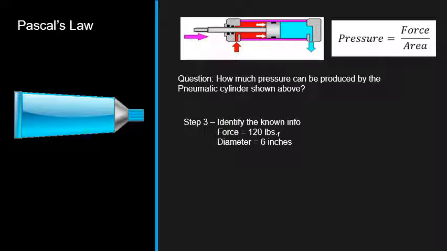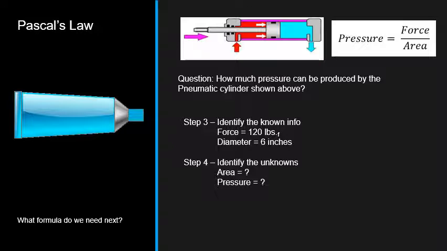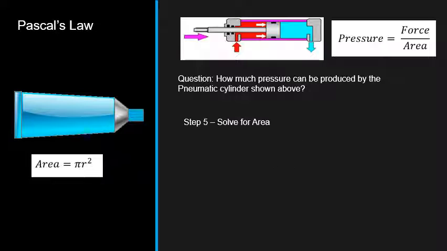Step three, we're going to identify the known information. We have the force as 120 pounds and the diameter is 6 inches. Step four, let's figure out what our unknowns are. We need to find the area before we can find the pressure, which is what we want in the end. Which formula do we need? We're going to start off with the area formula, the area of a circle, which is pi r squared.